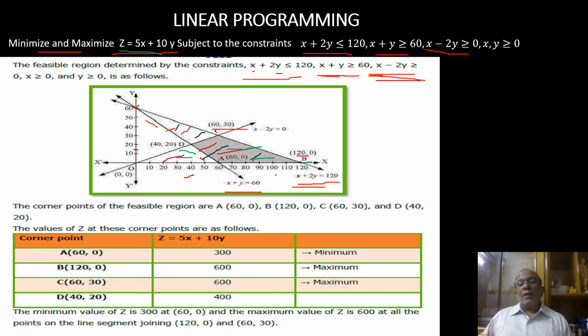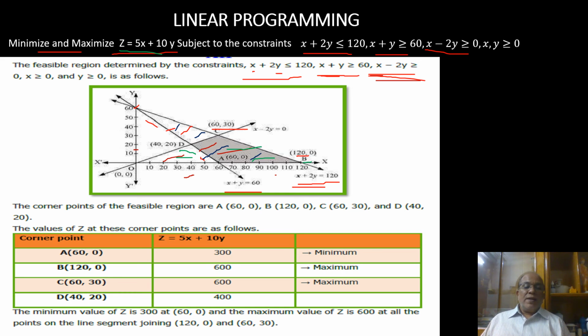Many a time, when you are drawing these lines on graph paper, you will exactly get these intersection points without solving the equations. But in some cases where they come in fractions like 120 by 7, only then you have to solve the equations to get the exact intersecting point. Here it is very clear that the 4 points are 60, 0, 120, 0, 60, 30, and 40, 20.